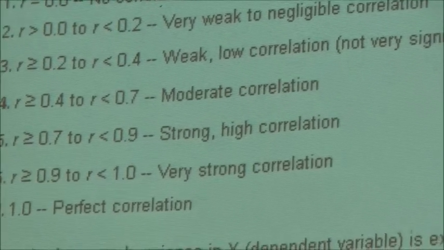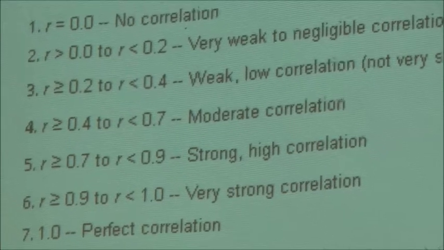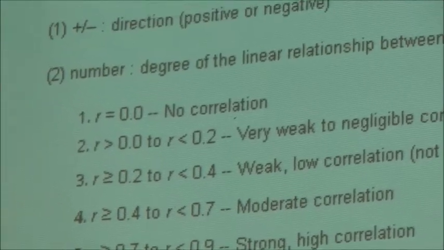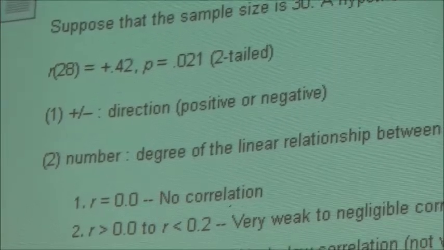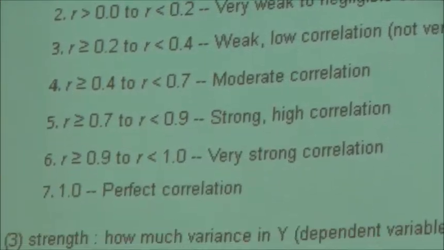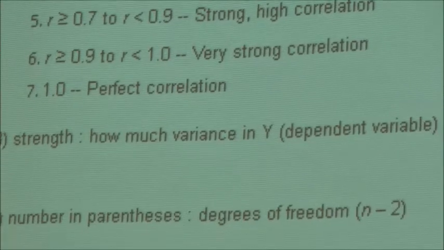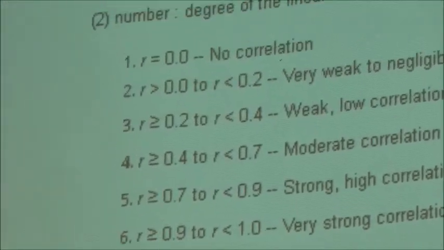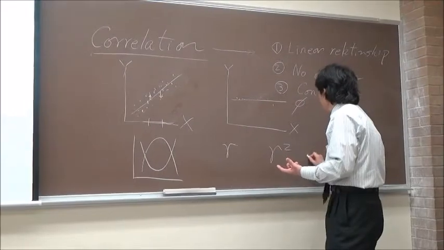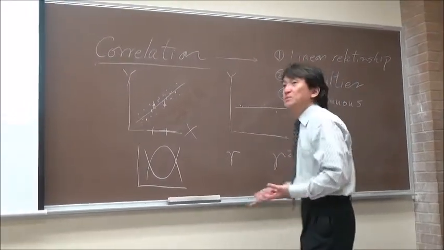The key term is this, the coefficient of determination. Again, the coefficient of determination refers to how much variance in Y can be explained by X, by simply squaring plus 0.42. Which means how much percent?